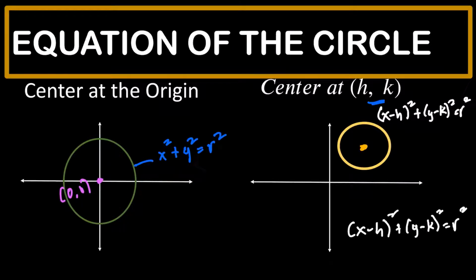All right, so this is the standard form of the equation of the circle whose center is at the origin, while this one is the standard form of the equation of the circle whose center is at h and k. So let's take note of these two forms.